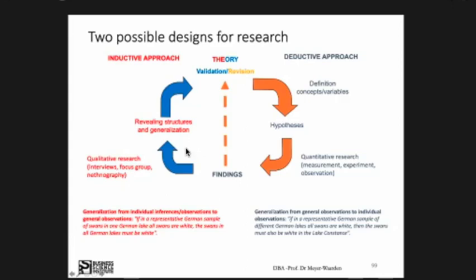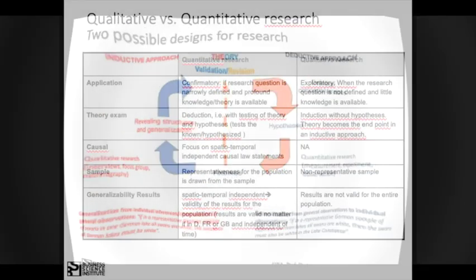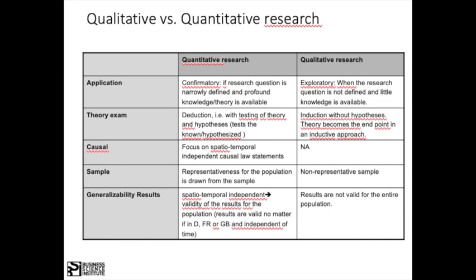On the other hand, if theory is known, if concepts are known, these concepts can be used and tested in conceptual models, and then subsequently with quantitative research, this model is tested. Quantitative research fits better in confirmatory approaches if the research question is narrowly defined and profound theoretical knowledge is available, whereas qualitative research is rather exploratory when the research question is not defined and little knowledge is available.